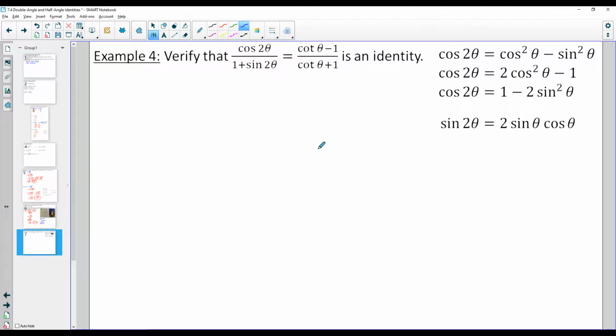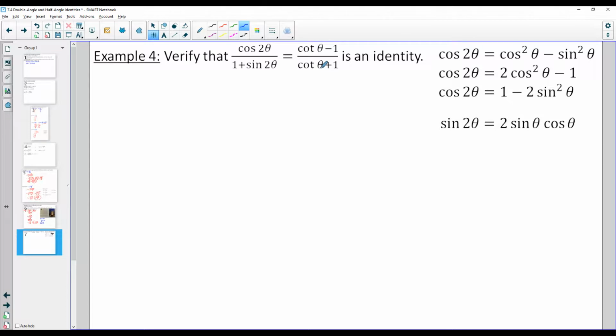And the reason for that is because I see cosine of 2 theta and I see sine of 2 theta. Two things that we both know from our new identities, right? I'm not really looking at this when I see these nice identities I can use. The book does something to this right side, and I will do stuff to the right side, but not quite what we think. So the first thing I see is cosine of 2 theta and 1 plus sine of 2 theta.